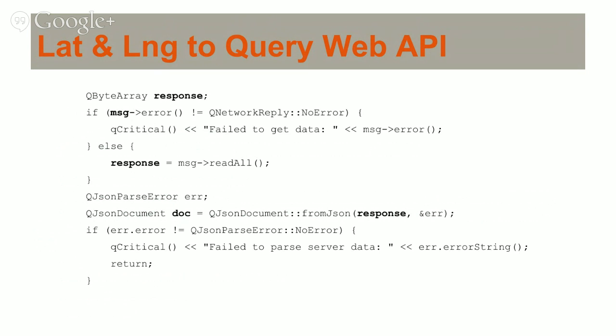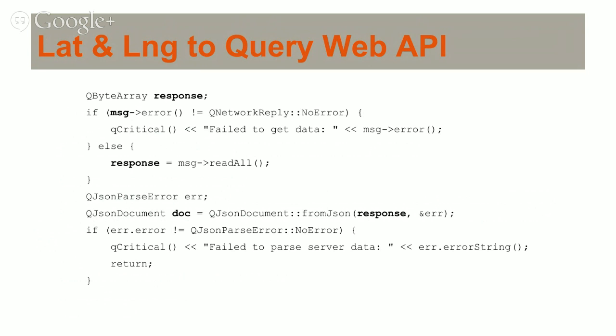So now we're going to look at inside that lambda function. This is the code that runs, and it receives the msg pointer, which is what you get back from the web query. The first thing it does is see whether or not there's an error. If there is an error, then there's a qCritical log, and the scope will stop.